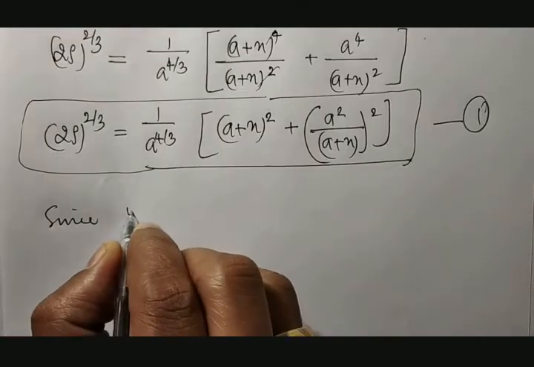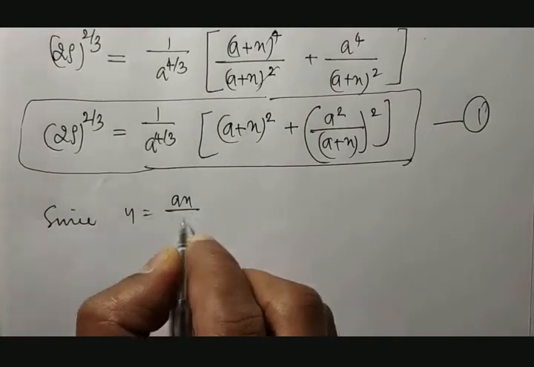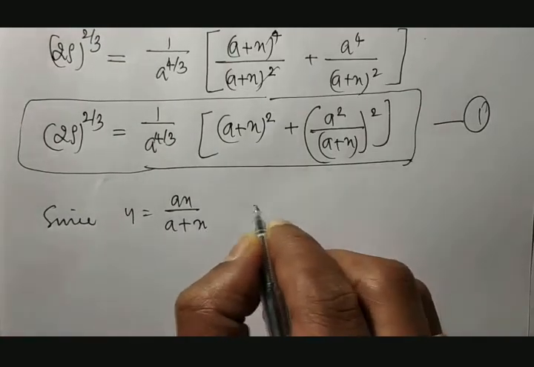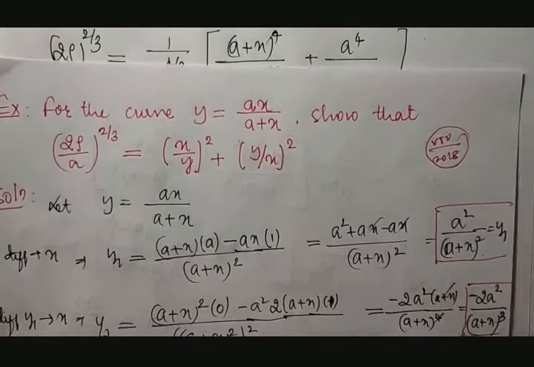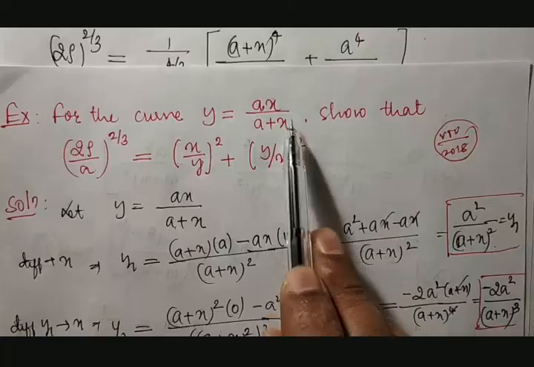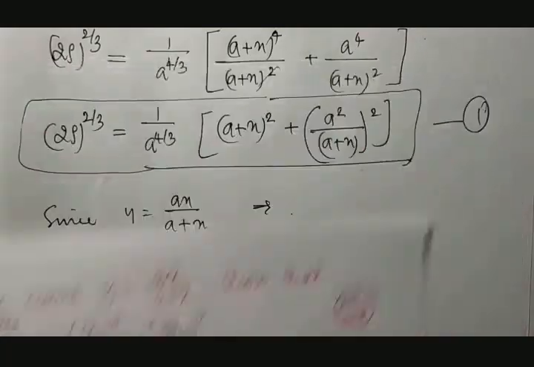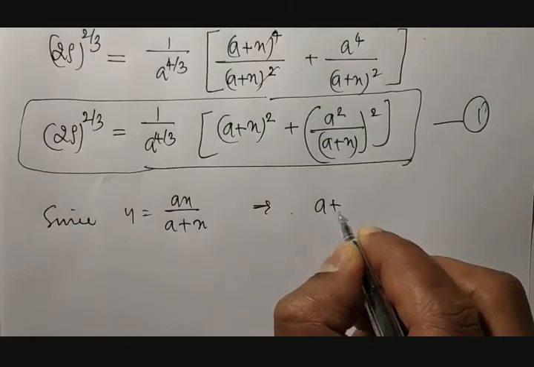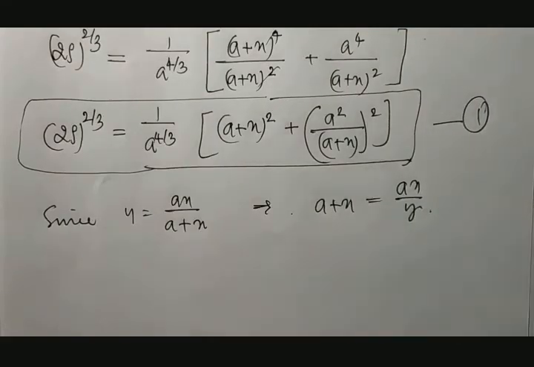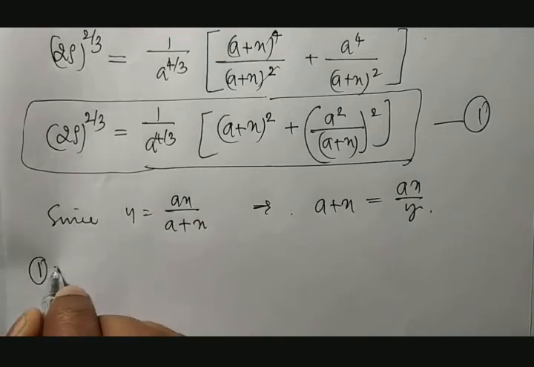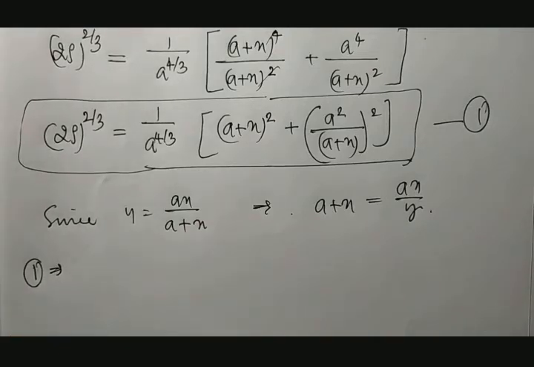Since we know the value of y is equal to ax divided by a plus x. Fine. It is given in the example itself. We can see here, y is equal to ax divided by a plus x. Therefore, what is a plus x here? Which is equal to ax divided by y. Then put it in equation number 1.